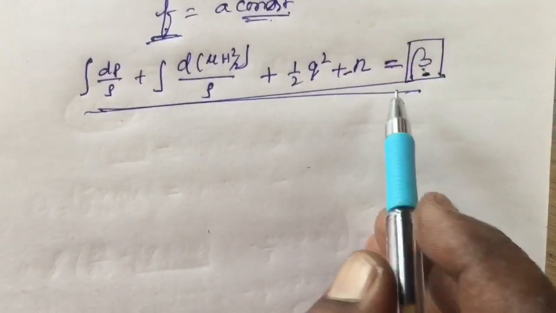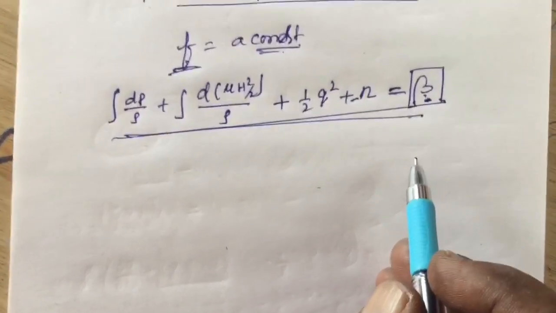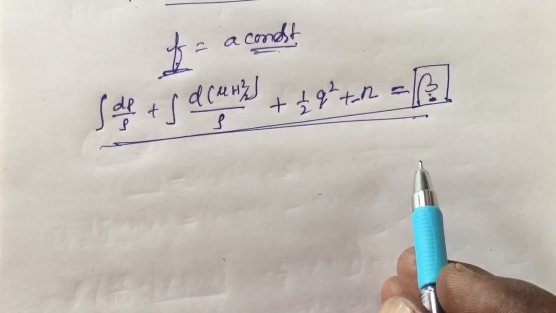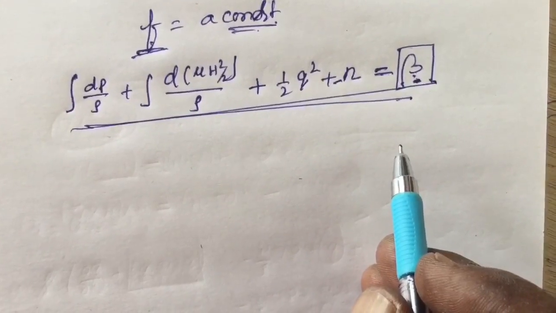Suppose the fluid is homogeneous. Homogeneous means the density is constant everywhere, in each and every layer.